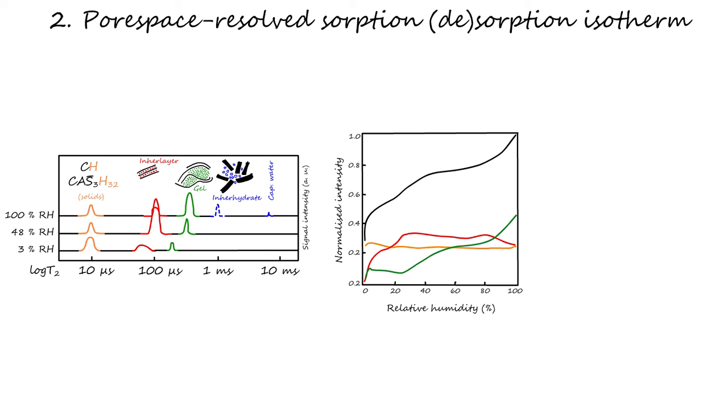In green, we have the intensity of the gel pores, which gradually empty over most of the relative humidity range. And finally, we have the intensity of the water in large pores in blue, which empty during drying from 100% to 90% relative humidity. Note that the color code agrees with the left graph, which also acts as a legend.